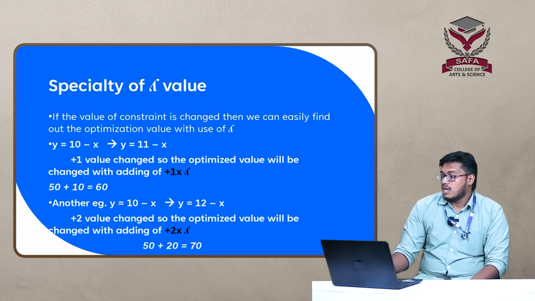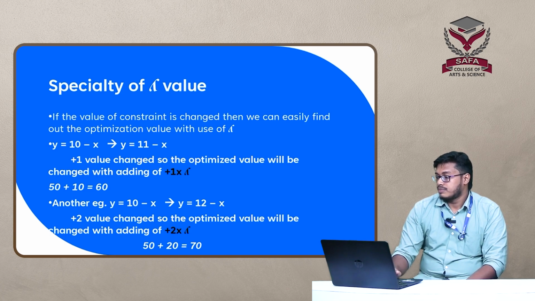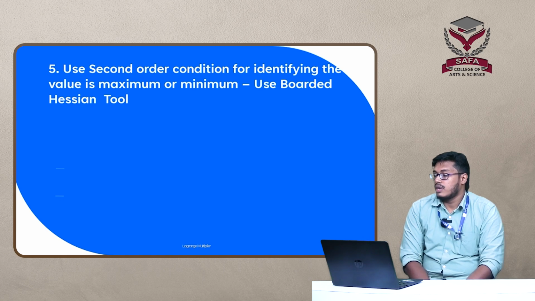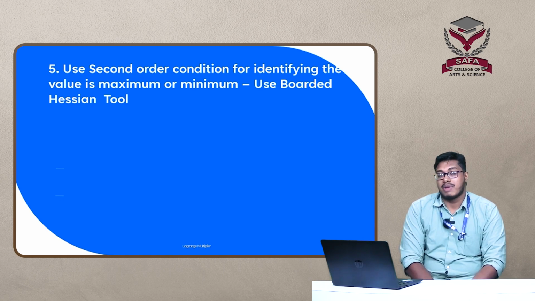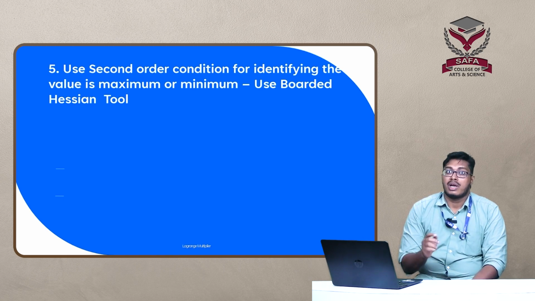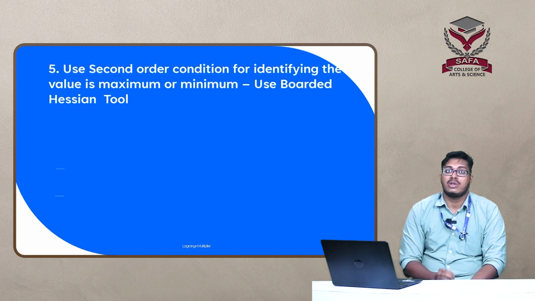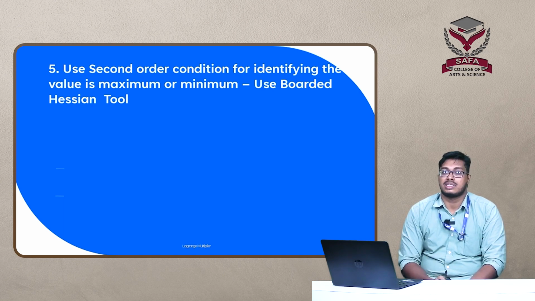Then the last step is to use a second order condition for identifying whether the value is maximum or minimum. In the fourth step we found the optimized value, but we don't know whether this value is a maximization value or minimization value.